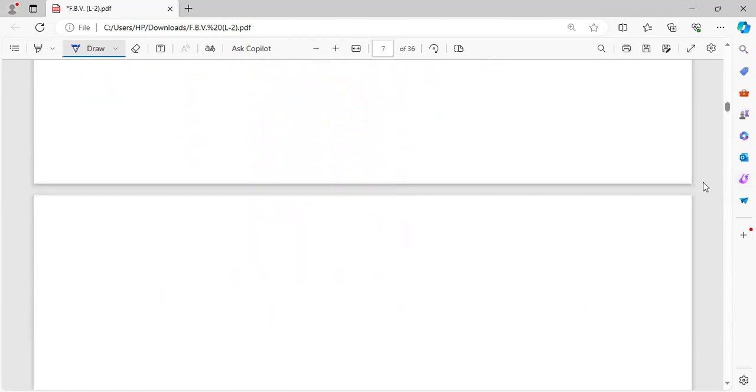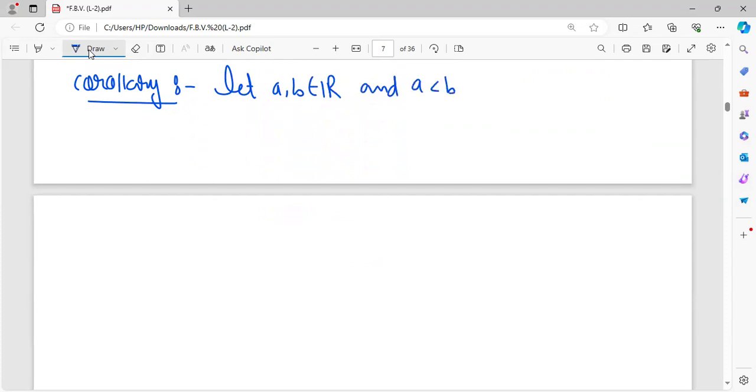Now we are going to see some theorem, or you can say corollary. Corollary. Let a, b belongs to R and a is strictly less than b.